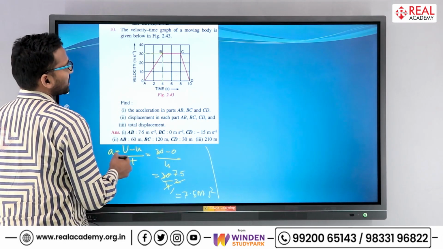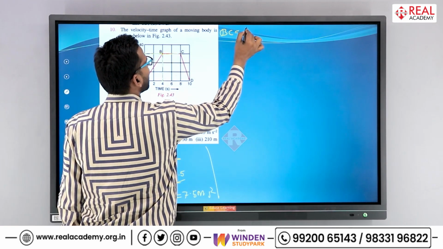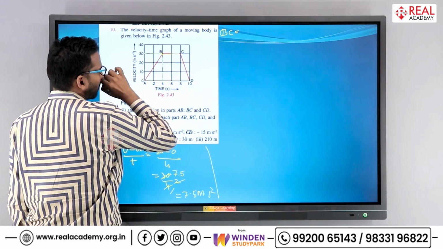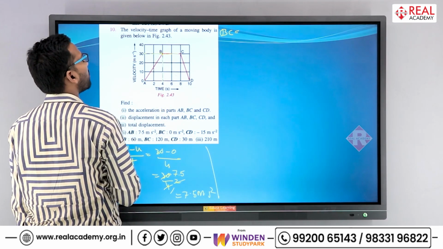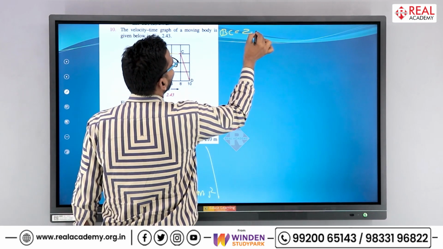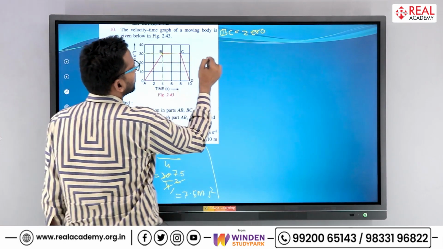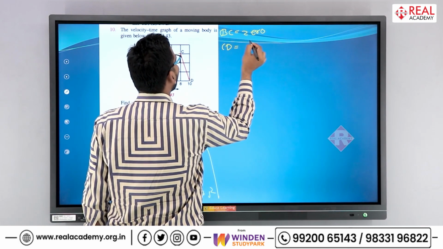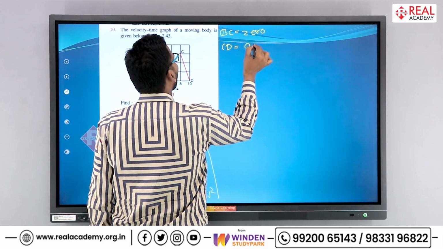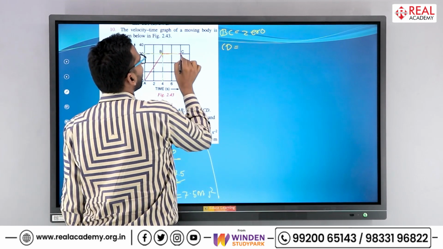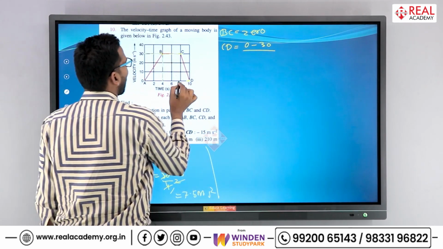For BC, the acceleration will be 0 because initial and final velocity will be the same. So the acceleration will be 0 over here, right? And what about the third one, CD? For CD, the acceleration is final minus initial, final is 0, initial is at C, that is 30. 0 minus 30 upon how much time it is taking?